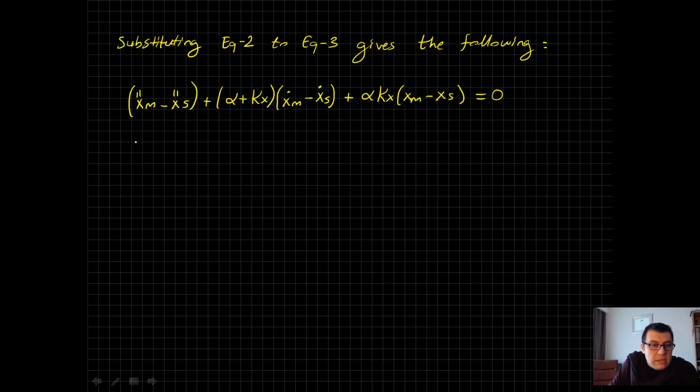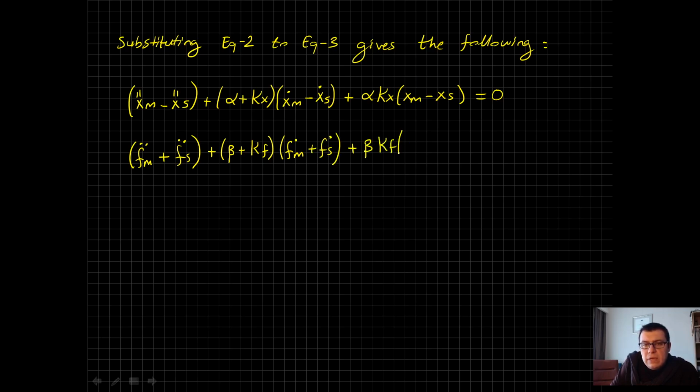Well, you can write the same for f master double dot plus f slave double dot plus beta plus kf, force constant, times f master dot plus f slave dot plus beta times kf times f master plus f slave, all is equal to 0.